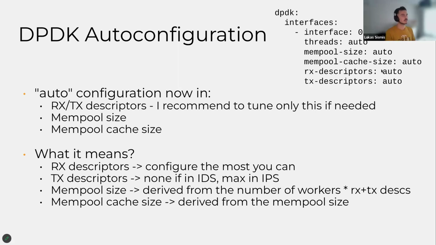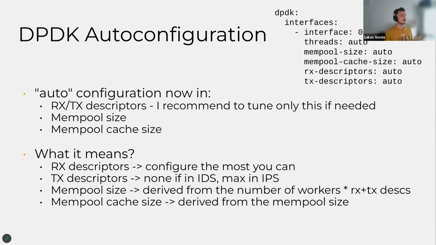What auto-calculate means for the threads is that it takes the number of threads which you have defined in the threading section. But if you have multiple interfaces defined, it tries to redistribute these threads evenly across the multiple interfaces. So if you have 10 CPUs configured in the threading section and 2 interfaces, each will get 5 threads.